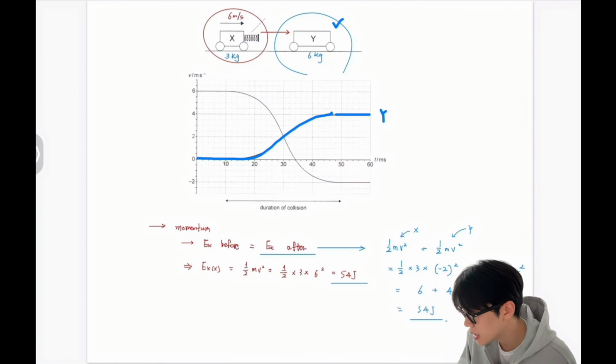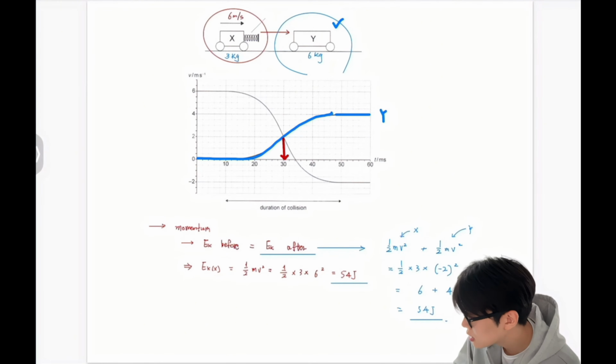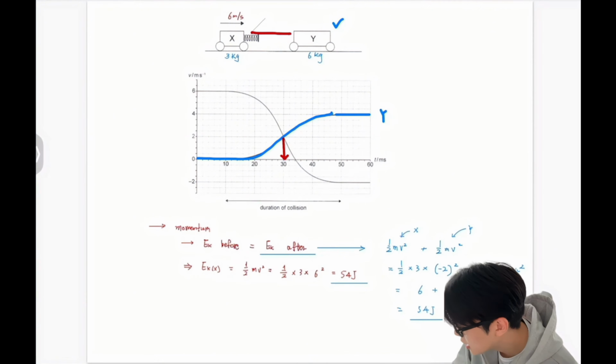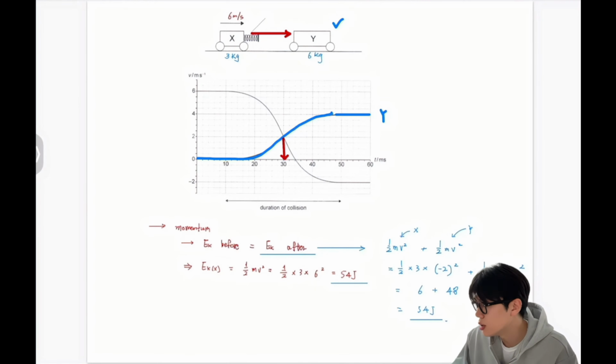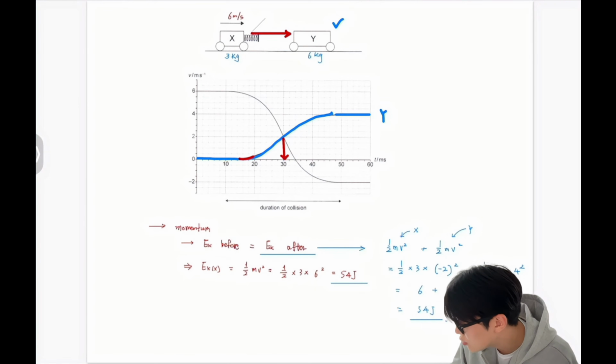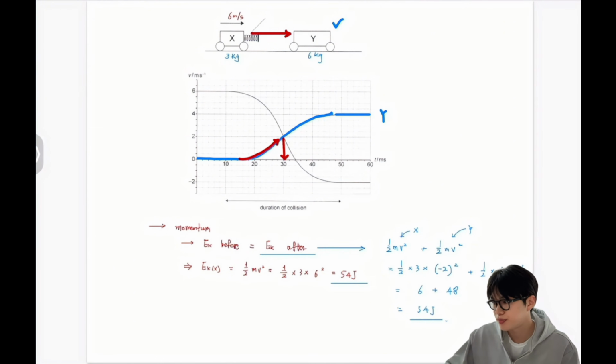At 30 milliseconds, which is this situation here, X goes towards Y, and then they collide, and the spring is half rotated and half unrotated, something like that, right? So the velocity of Y was increasing, but not fully, okay? So it was somewhere in the middle.